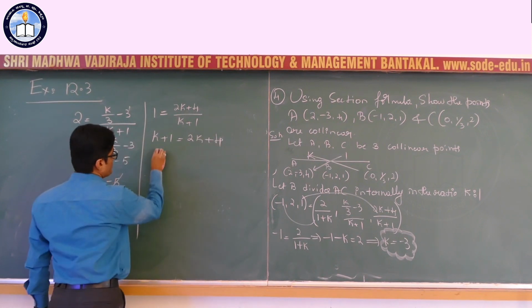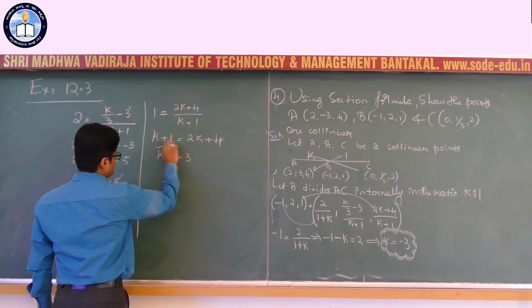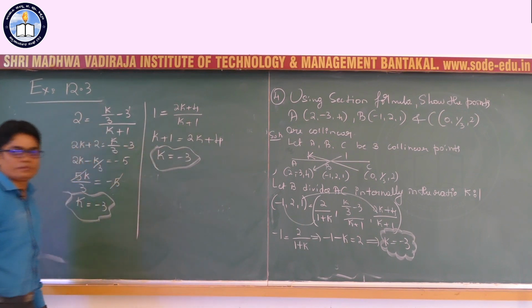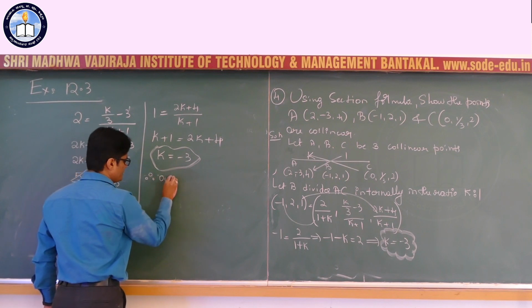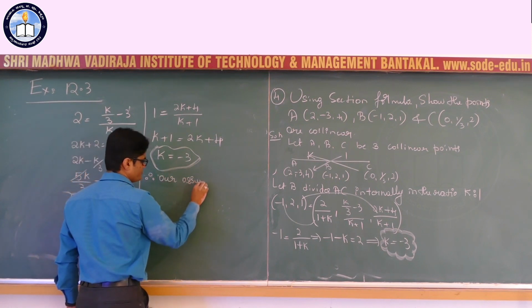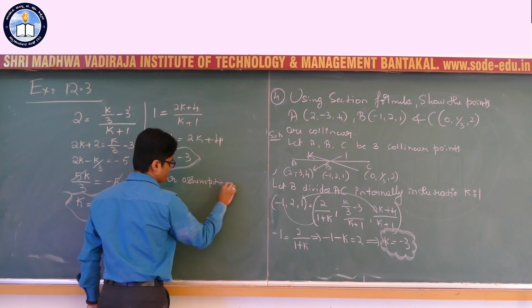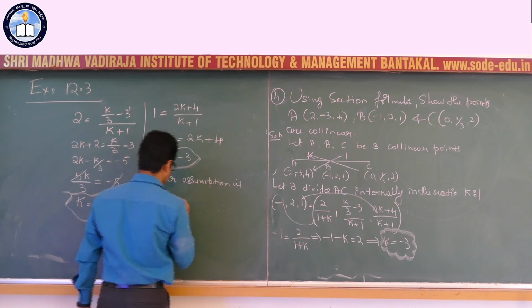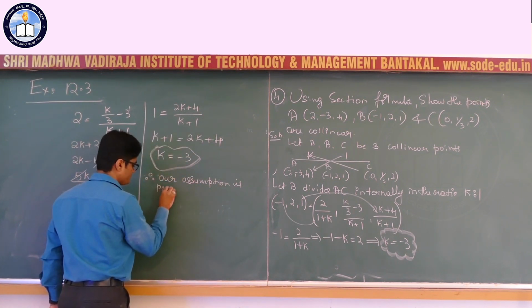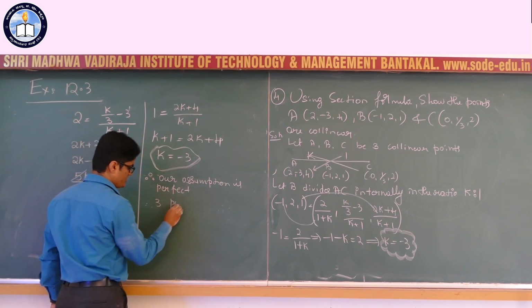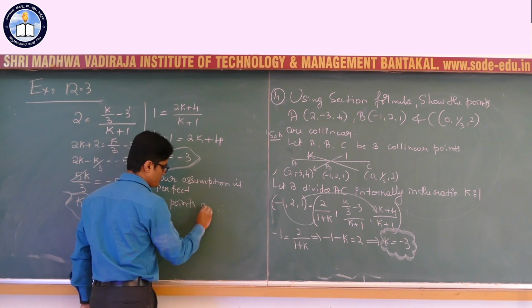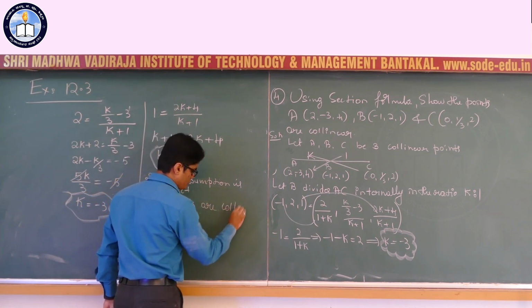Correct? So, k is equal to minus 3 here also. Perfect. So, we got k equal to minus 3 in all 3 cases. Therefore, our assumption is right. Therefore, the 3 points are collinear.